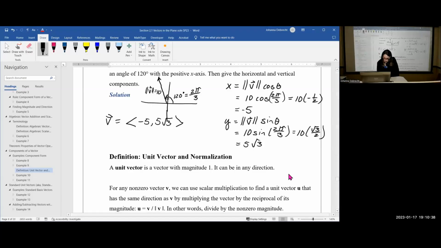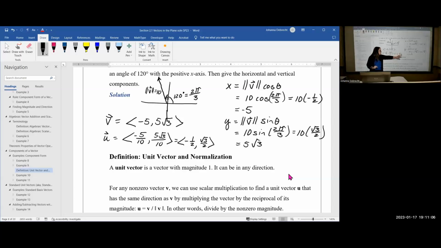And so a unit vector in the direction of v would be given by -5 divided by 10, 5 square roots of 3 divided by 10. And this would give me the vector -1/2, comma, square root of 3 over 2. And if you don't believe me, square the -1/2 to get 1/4.